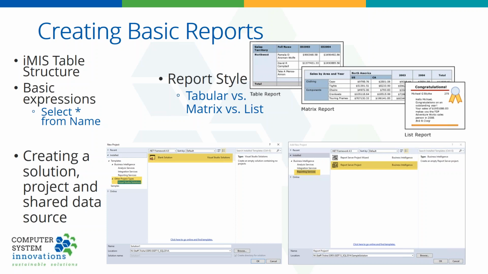We are primarily going to talk about tabular style reports today, but there are a couple of other styles that I did just want to mention. There are matrix style reports, and there are also list style reports. Tabular is your standard row and column report, looks like an Excel doc. Matrix reports, for your Crystal users, are similar to a crosstab report, and data can be grouped by rows and columns.